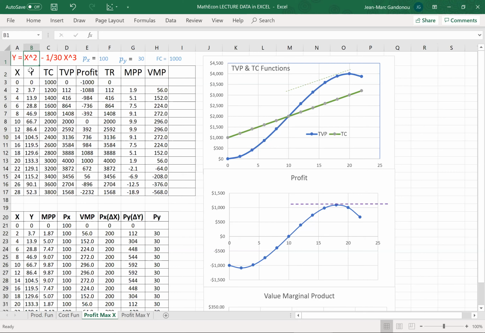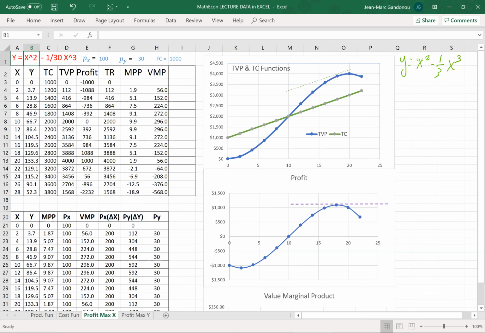The function is y equals a squared minus 1/30 x to the power 3. That's the function we'll be working with and deriving.